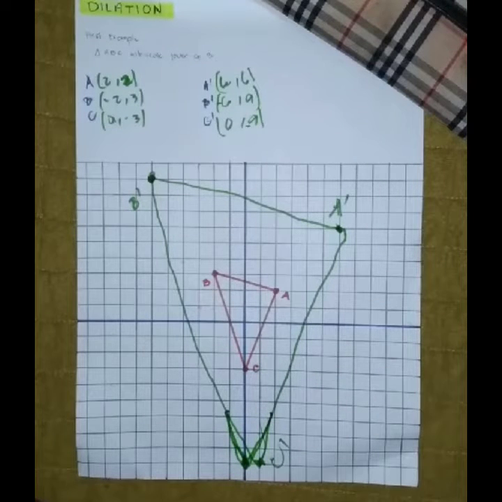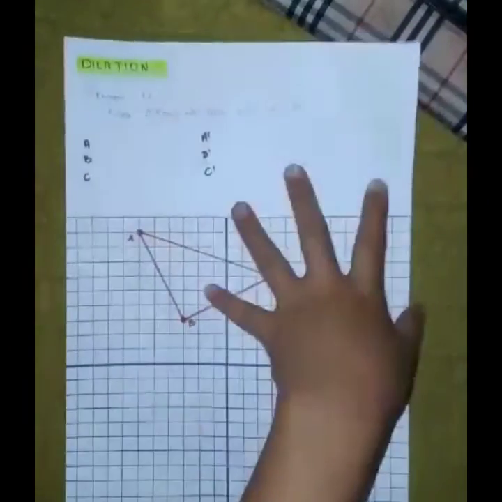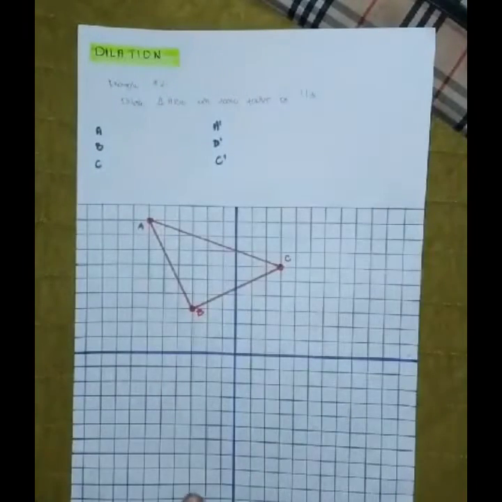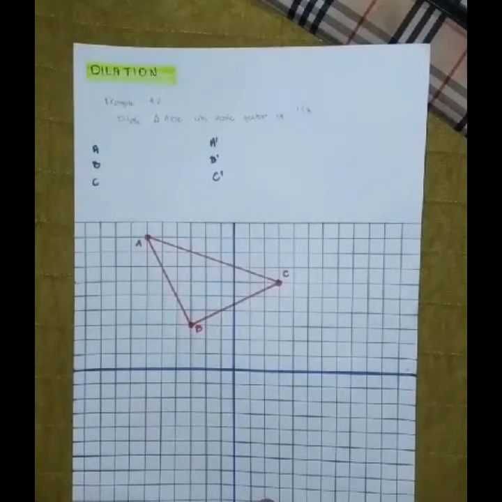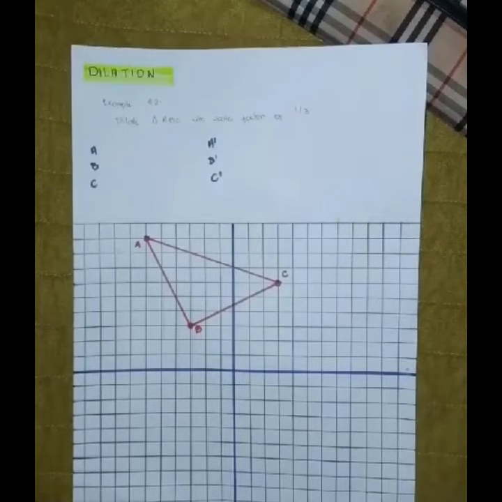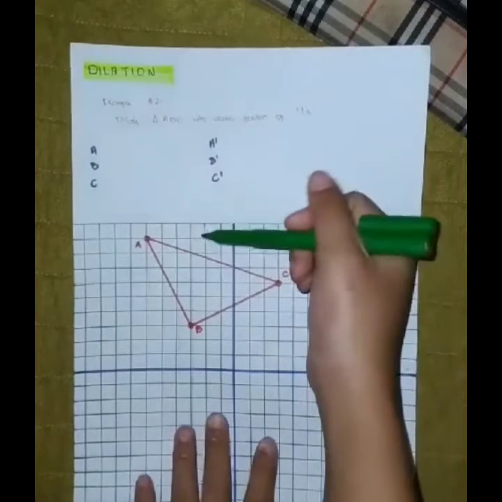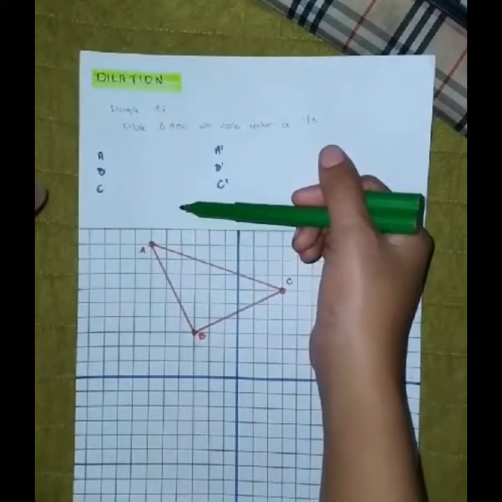Okay, that's it. Let's see our second example. Let's change the paper. This second example is here. We are going to dilate ABC with a scale factor of 1/3. It is the same as what we did earlier. We locate the numbers at our point A. Point A is negative 6 and 9.